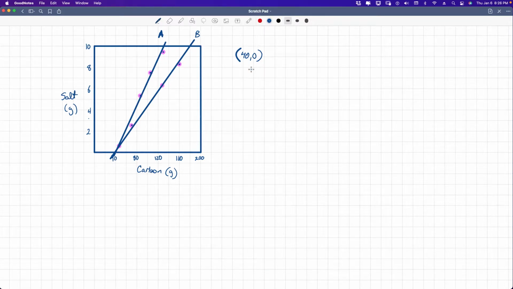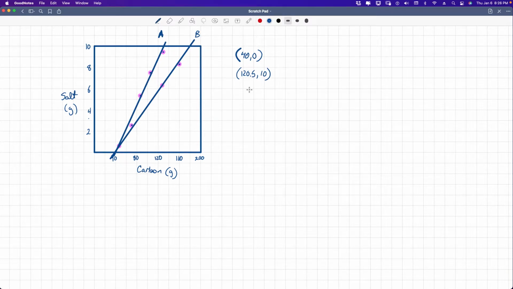And on the other end, it looks like it's going through 120.5, and 10. I'm really close to what the book has said. So that's good.